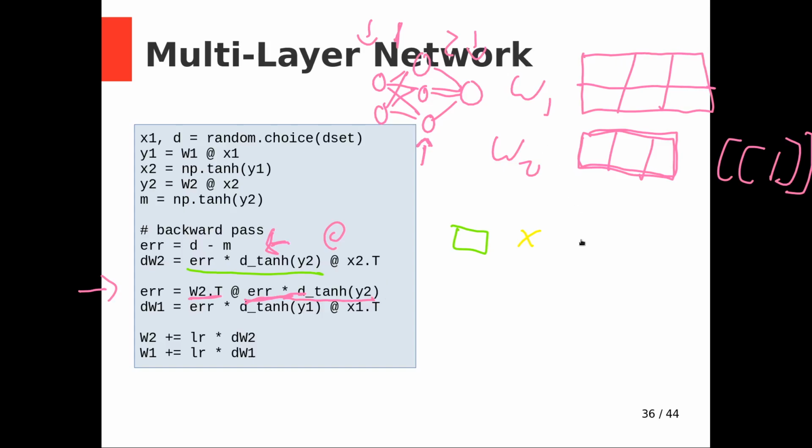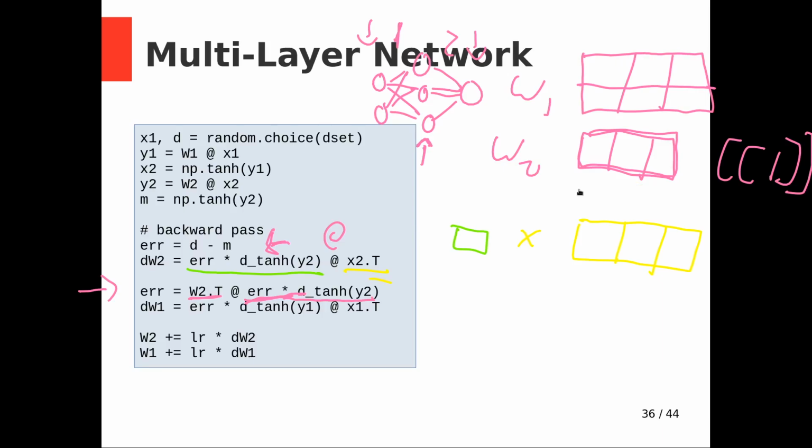So we turn it on its side and it becomes a 1 by 3 matrix, right? Because it's the transpose. So 1 by 1 times 1 by 3 is 1 by 3, right? That is the dimensions that our weight matrix is going to have. 1 by 3 is the dimensions of our weight matrix, so our math makes sense.